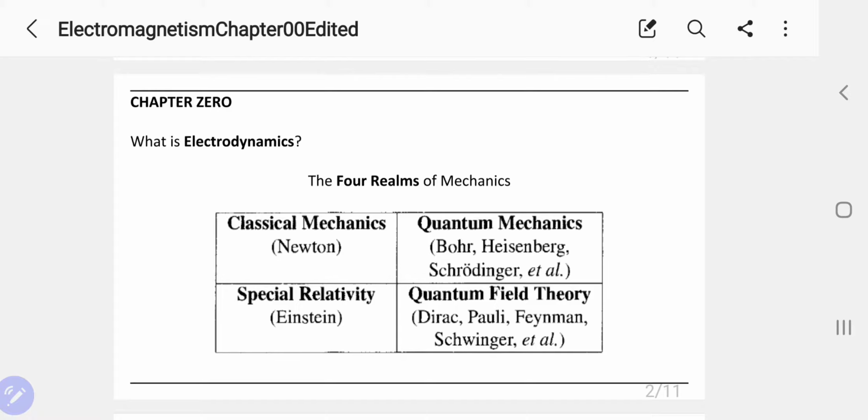But if you have small particles moving with faster speeds, like going to the speed of light or near the speed of light, then the dynamics is described by the quantum field theory, mostly formulated by Dirac, Pauli, Feynman, Schwinger, and others.